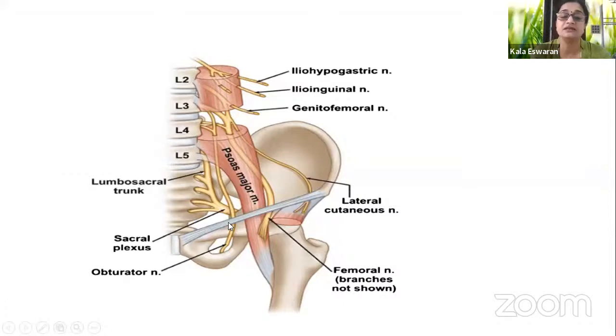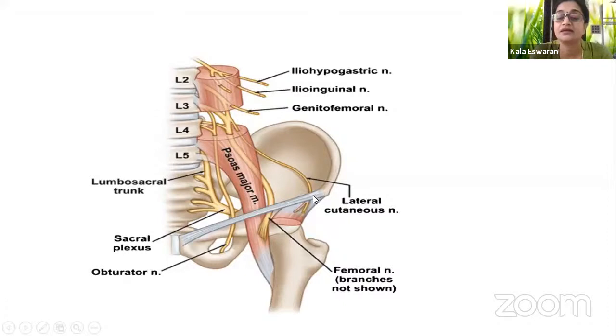Then the lateral cutaneous nerve. The lateral cutaneous femoral nerve emerges from L2, 3 and comes out from the lateralmost border of the psoas major muscle and goes towards the ASIS, the anterior superior iliac spine.